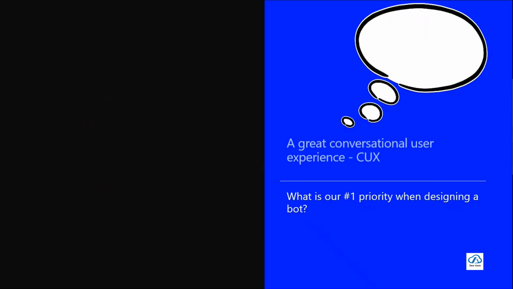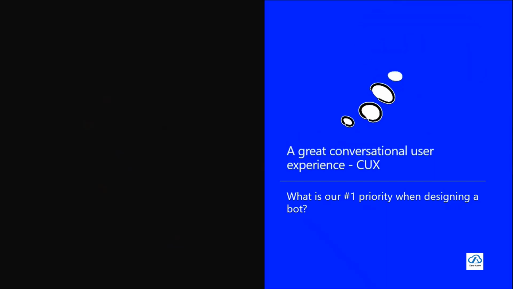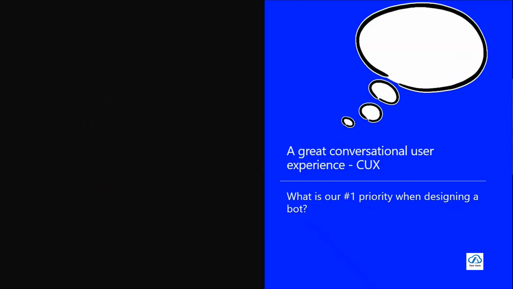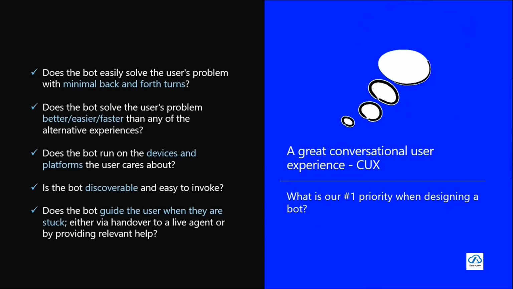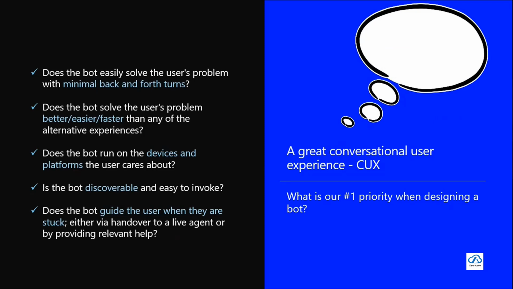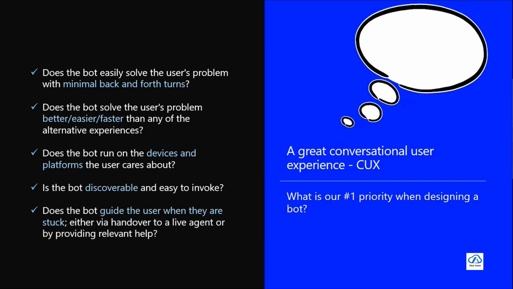I would say it is the conversational user experience, because this is what is going to ultimately make or break our sessions, right? So it depends on the number of back and forth that you allow. The user is coming to your bot to get a very quick, easy, and accurate answer. Do not keep the user waiting. Do not make them ask you multiple questions. Give it to them fast, easy.